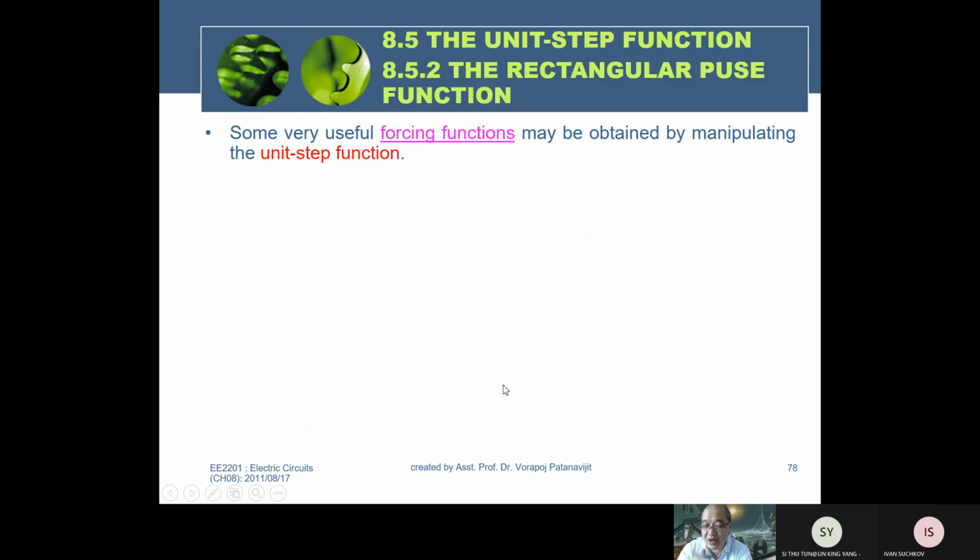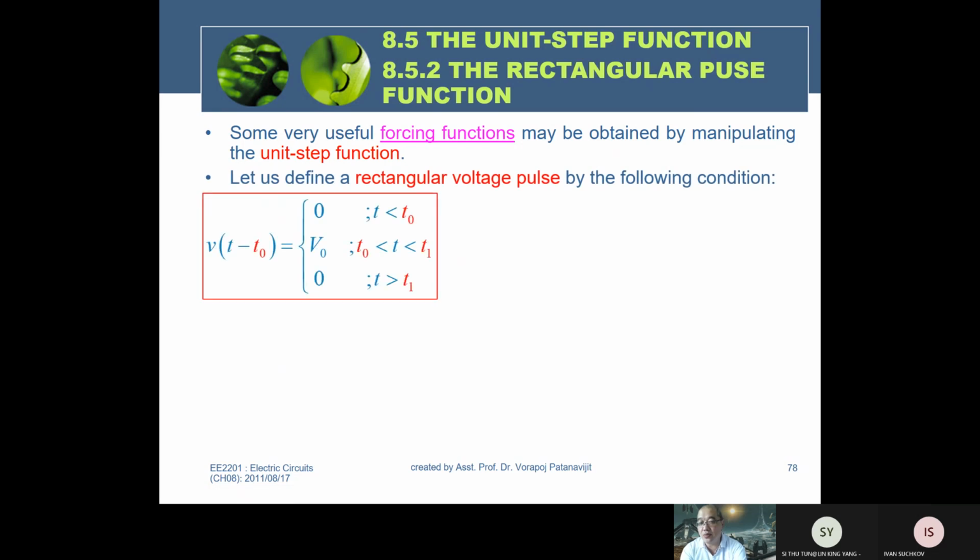Now, after you know about the graphical point of view of the circuit diagram for the driven source, some very useful forcing functions may be obtained by manipulating a unit step. Let us define the rectangular voltage pulse by the following conditions.